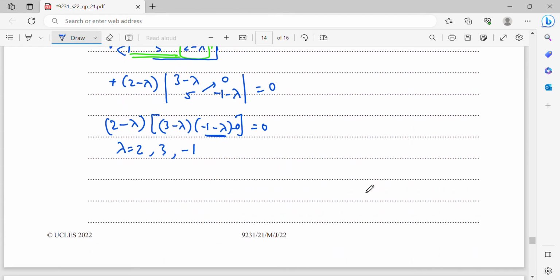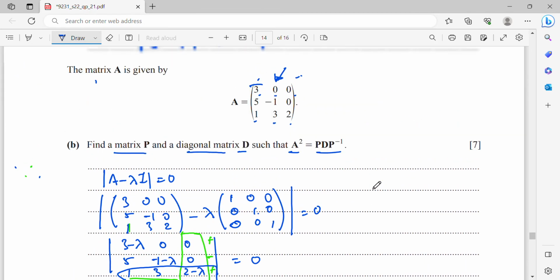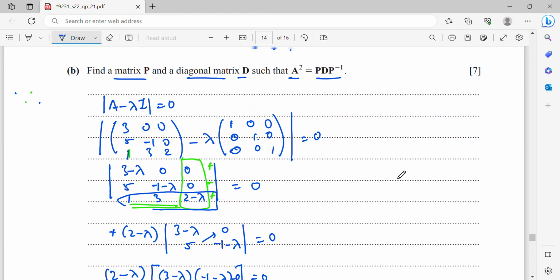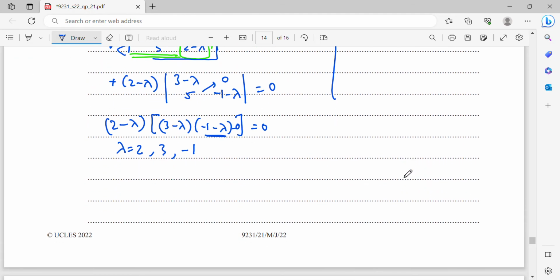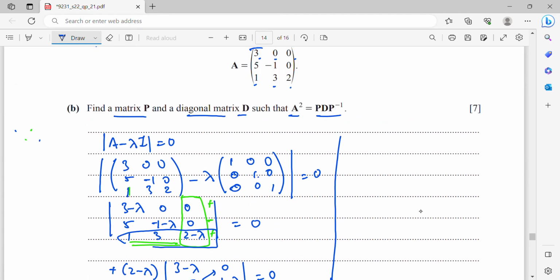I will start solving for lambda on the right hand side because there is not enough space. I will start with lambda equals 2. When lambda equals 2, we substitute into this matrix.